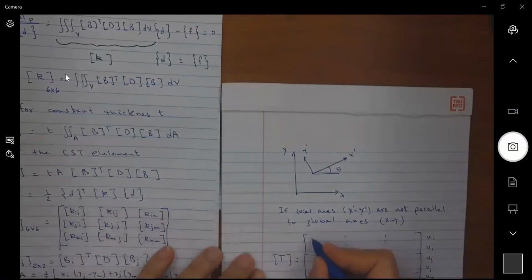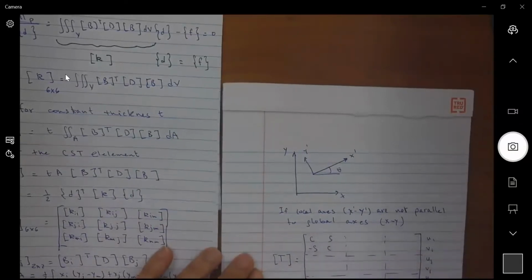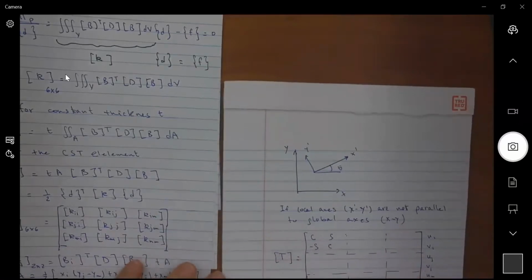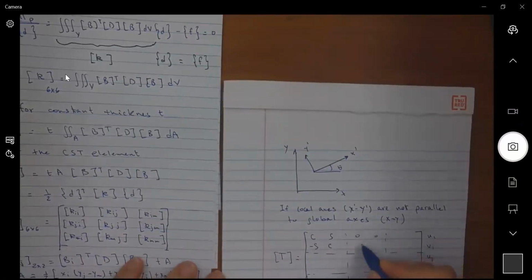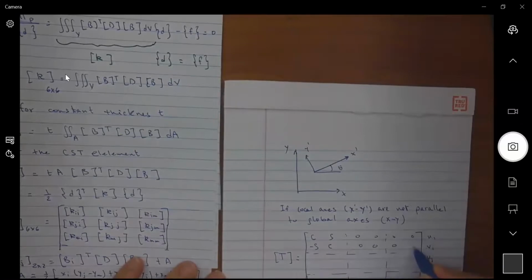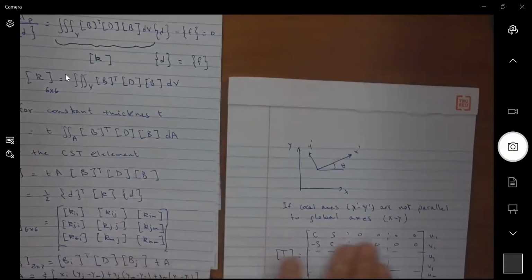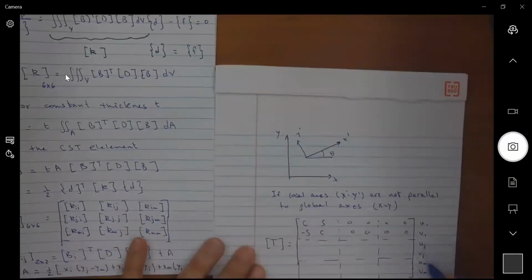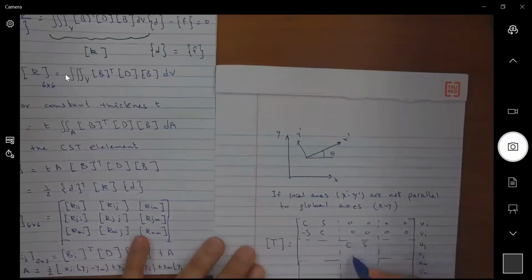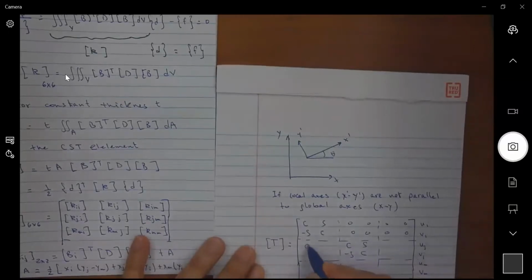We'll find that we'll use the transformation matrix C S, minus S C, corresponding to ui and vi. Then everything else in the first 2 rows would be zeros. In the second, corresponding to uj and vj, I'm going to get a C S, minus S and C, and then zeros everywhere else.